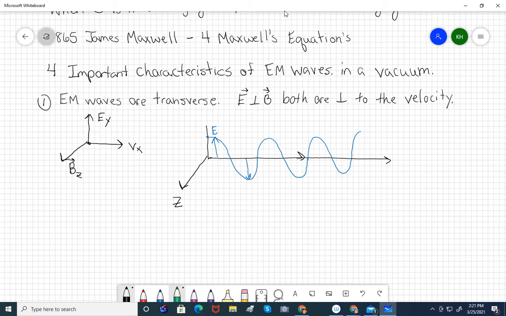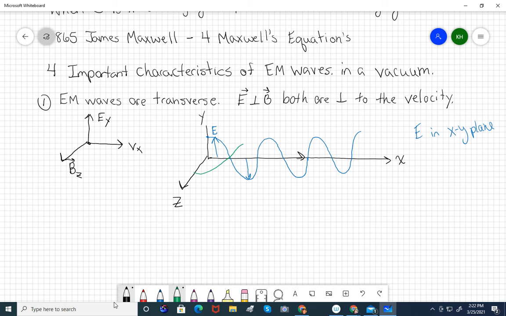If the magnetic field, this is the x-axis, the electric field is oscillating in the xy plane. The magnetic field is also oscillating, and it has its maximum value at the same time that E has its maximum value.